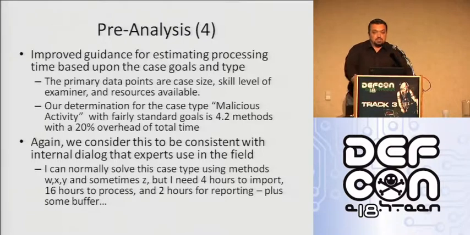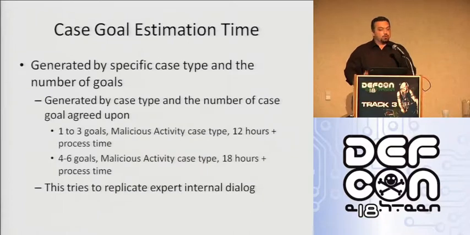And then again, this is what we mentioned at the beginning. It's the expert that goes through his head and says, this is what I usually do for this type of case. This is what I did last week. These are the things if I need to produce the registry report, the web browser history, and these other things. Usually it takes me 5 hours processing time. I'm going to add 2-hour buffer time, and then I should be able to get the report done in 10 hours. And then the case goal estimation time, right?